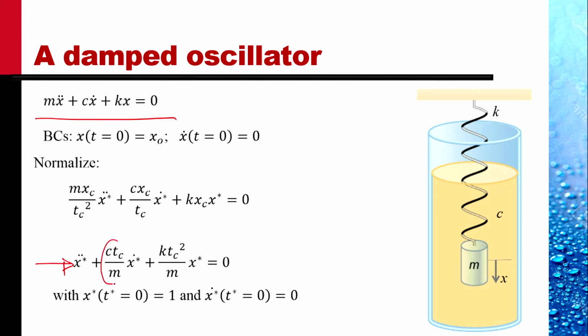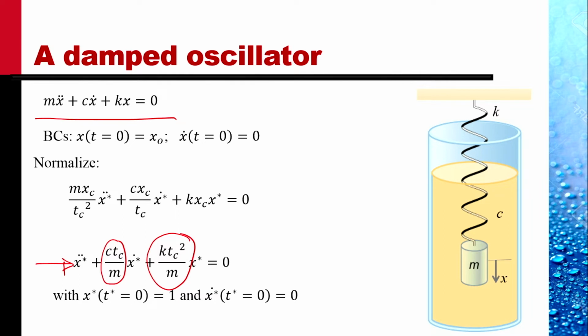This is an estimate of the viscous force, and this is the estimate of the spring force, provided that we have taken xc and tc appropriately. That is, they are indeed characteristic of the system.